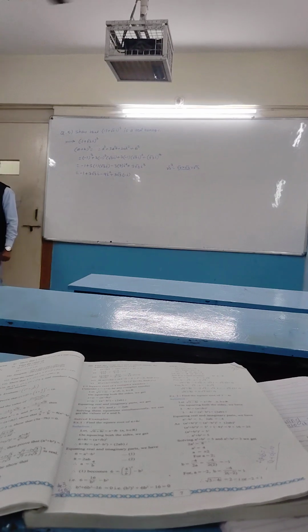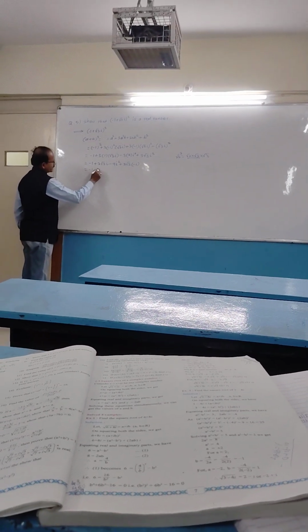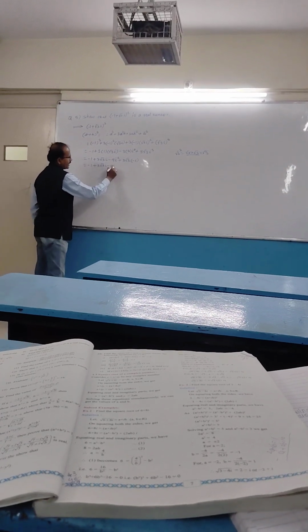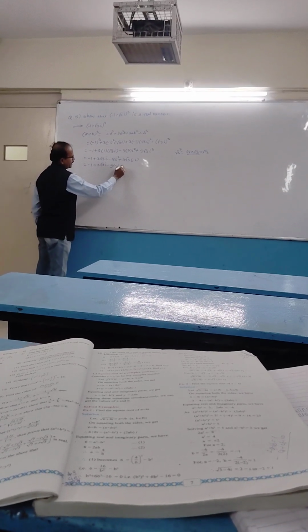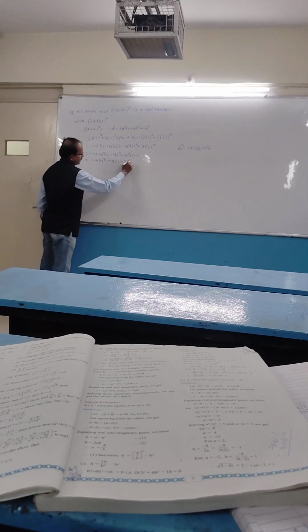Yes, i cubed is minus i. Can we write this: minus 1 plus 3 root 3i minus 9 i squared is minus 1 plus, into minus 3 root 3i.